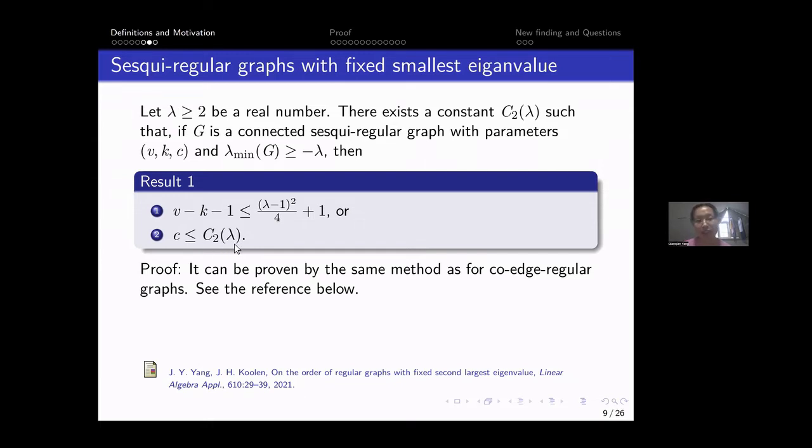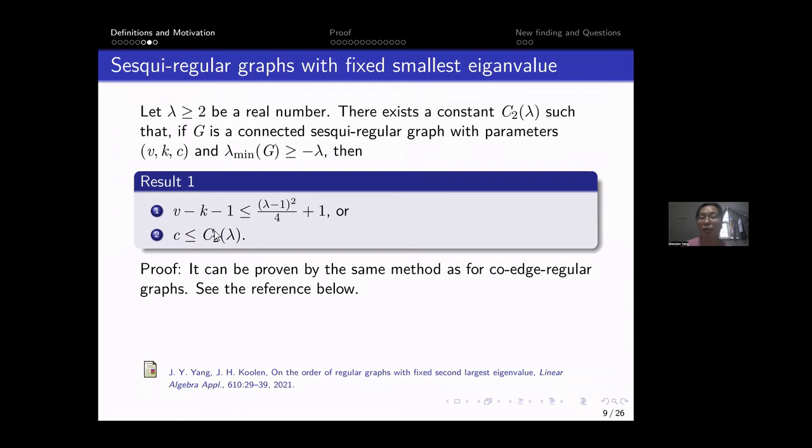It's very similar to the result for co-edge regular graphs. So you can imagine that you can prove it by the same method as for co-edge regular graphs, and the guess is correct. That's why I mentioned this paper when I introduced co-edge regular graphs, because we can really use the same method to obtain the same result for sesqui-regular graphs.